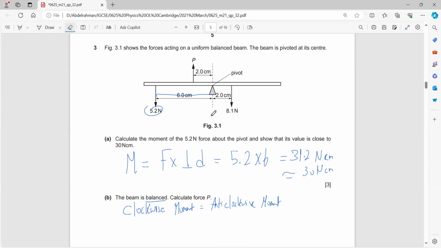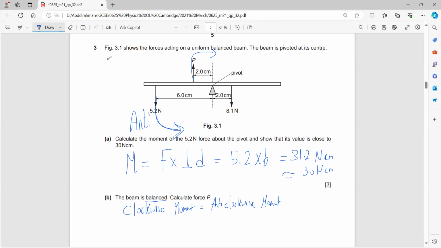First of all, the 5.2 newtons, would this exert a clockwise or an anti-clockwise moment? Anti-clockwise. P, is it clockwise or anti-clockwise?